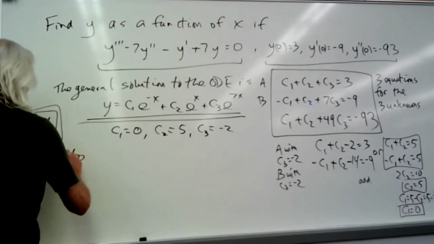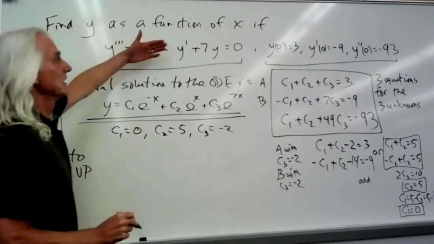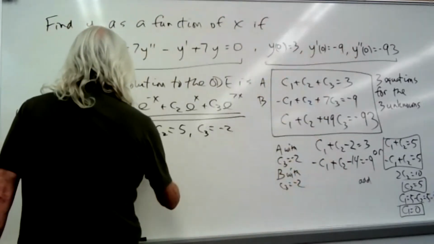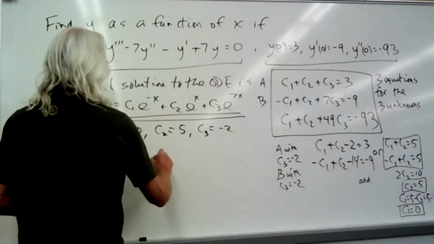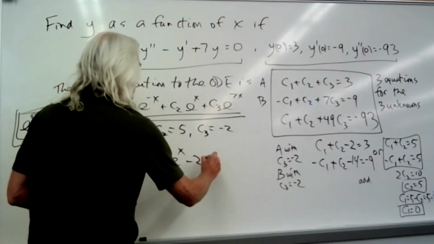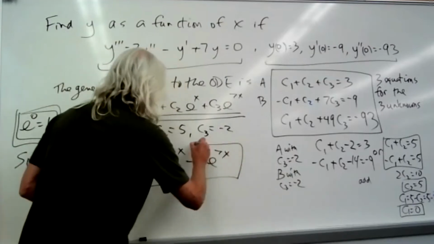The solution to the initial value problem, the ODE plus the initial conditions, is y equals, I can leave out the 0 times e to the minus x, 5 e to the plus x, minus 2 e to the 7x.